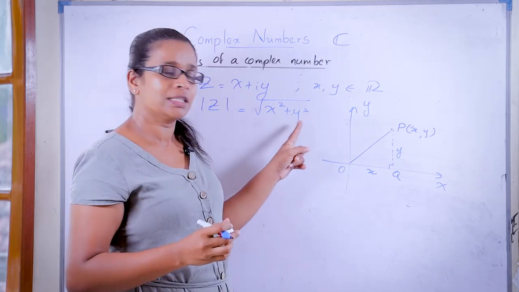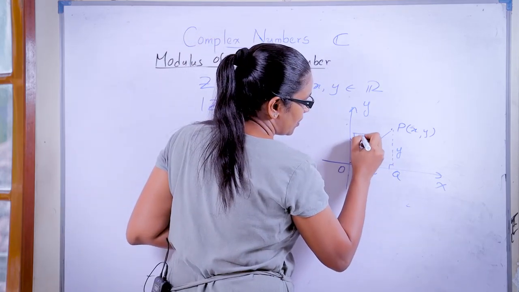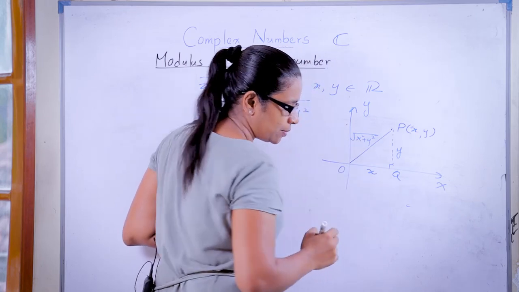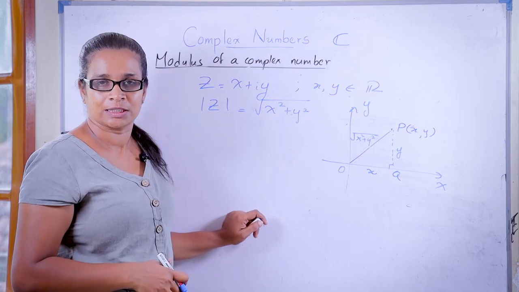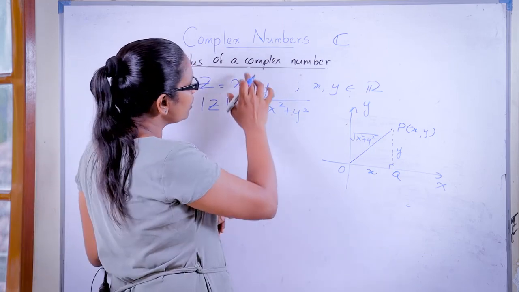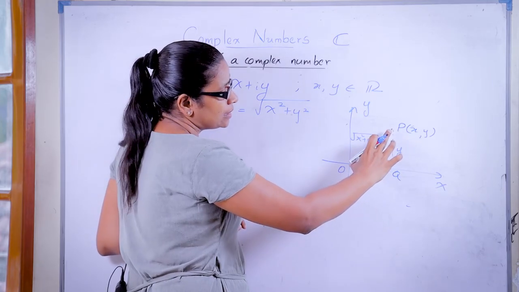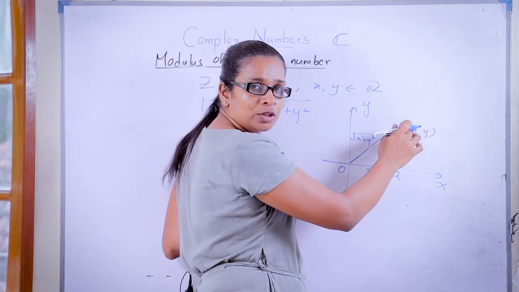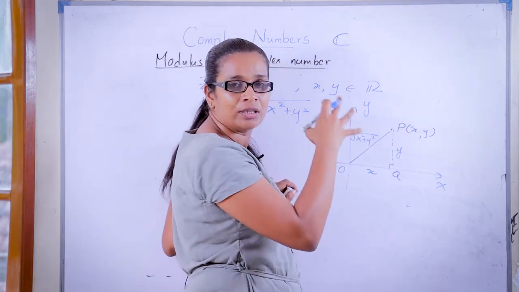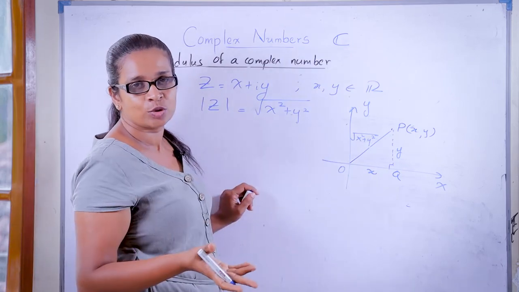The root of x squared plus y squared. So the modulus of a complex number means this distance: the distance from the origin to the point represented on the plane. It is known as the modulus or absolute value.